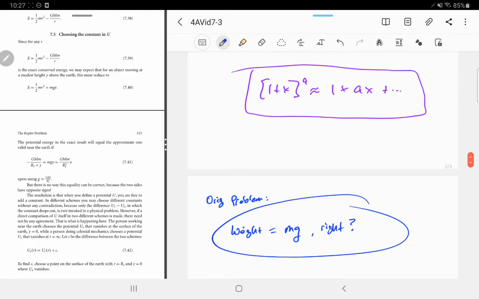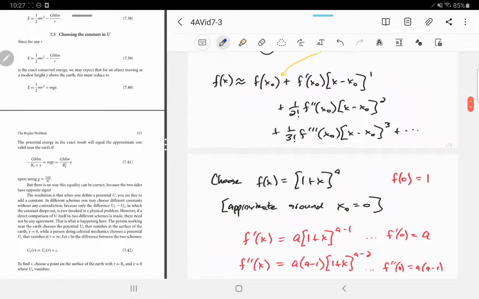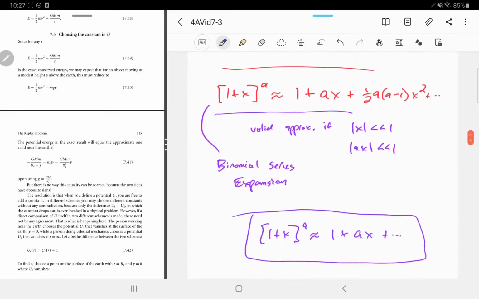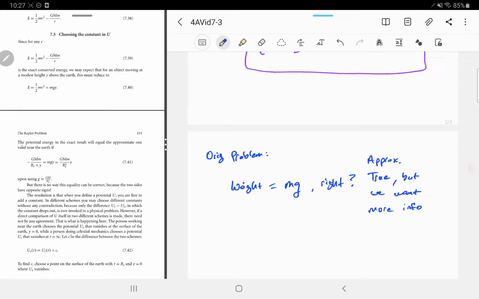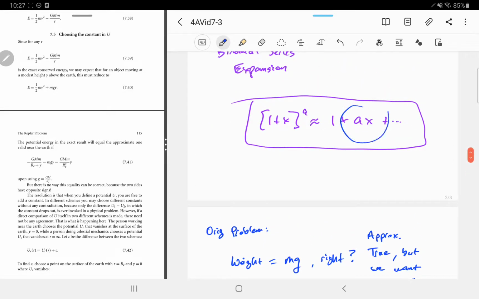This corresponds to the 0th order approximation here. So this is true but not accurate enough. True, but we want more info. We want to know roughly how much it's going to change.